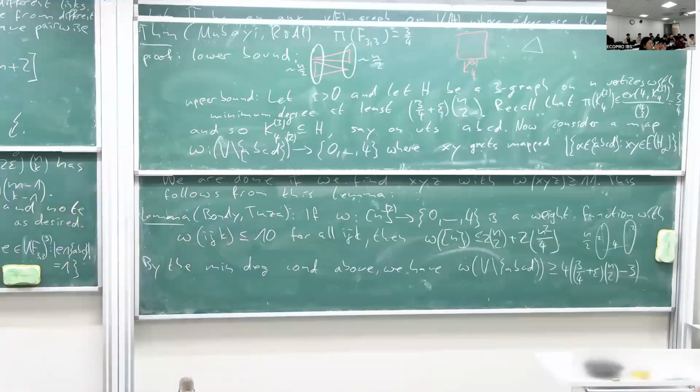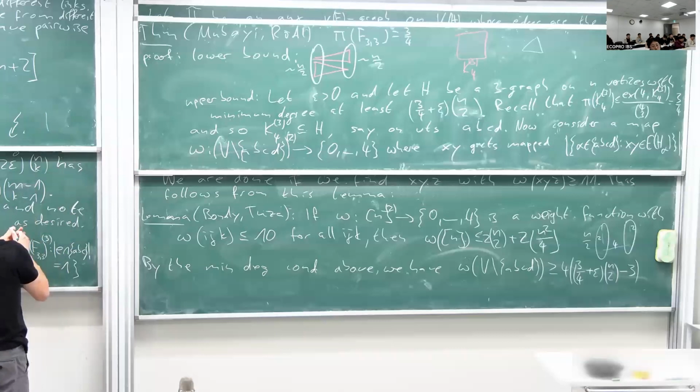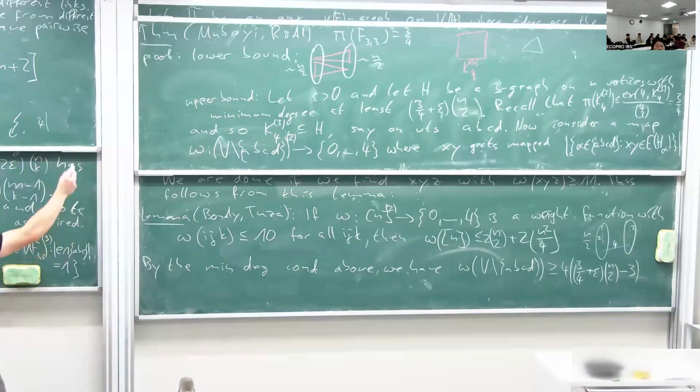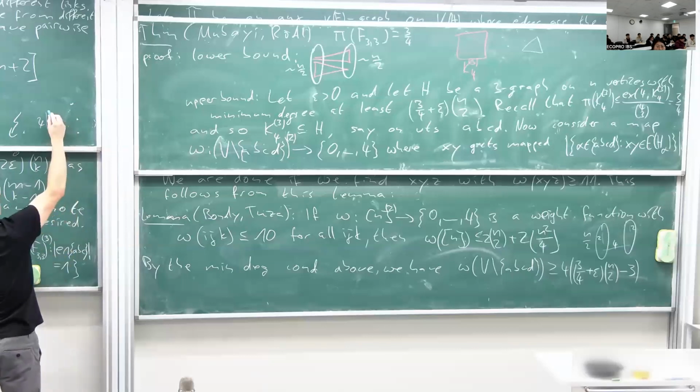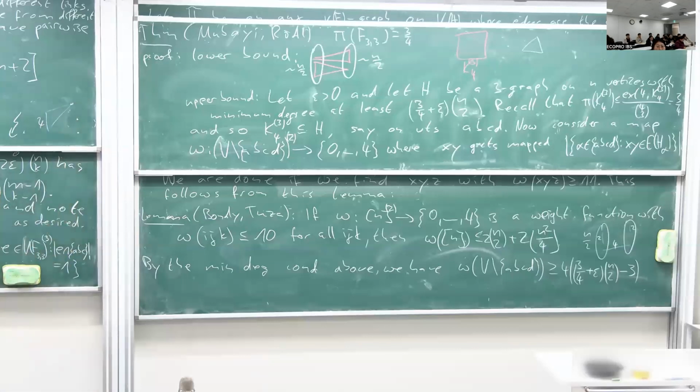And if we have one pair on which we have weight 4, then that means that for any other vertex, when we look at these 2 edges, the sum of these weights is at most 6, because in this triangle we have at most weight 10.